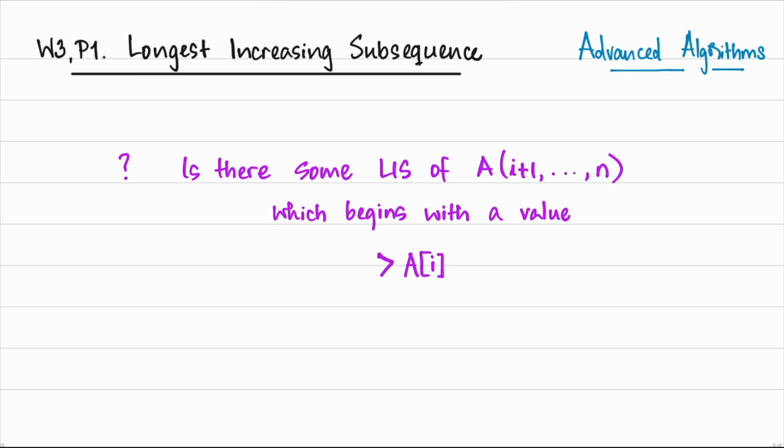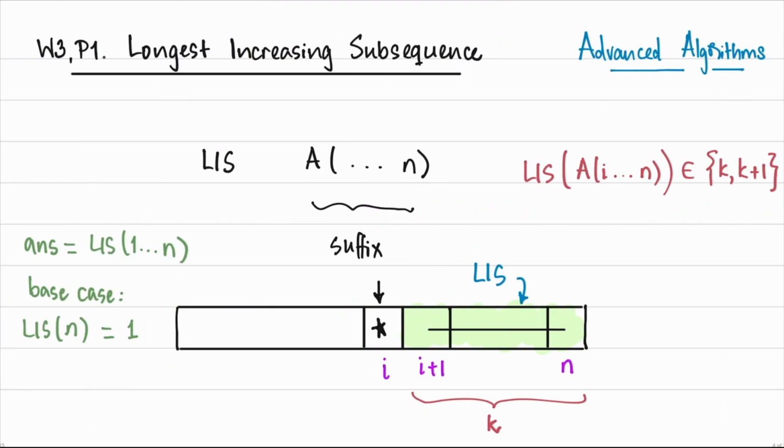Because think about it, if there is such a LIS in the green subarray, then that means that we can take that and append this fellow to it, right? Because then by adding a of I, we still maintain the increasing property of the subsequence.